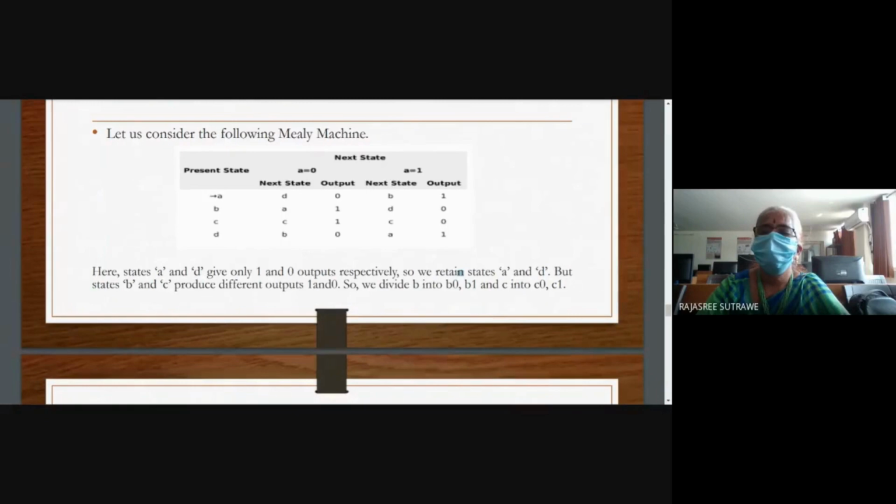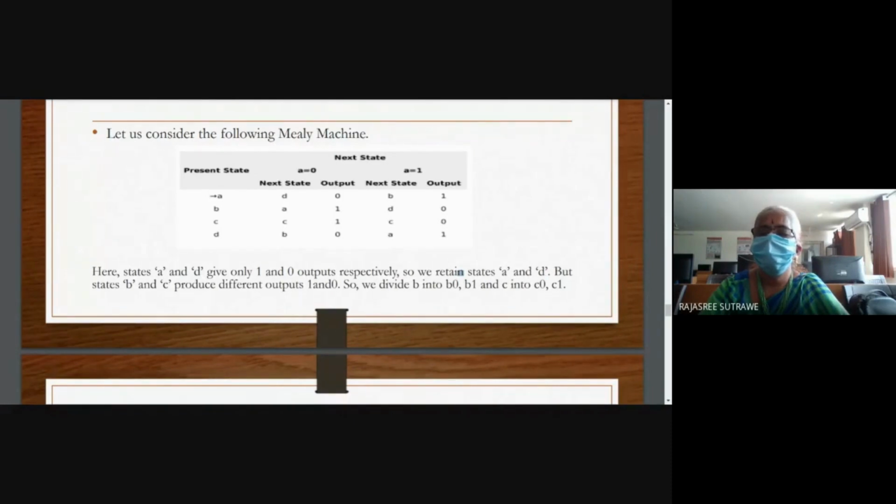Then C, C0 and C1 we have to write actually. I forgot that step. Now here we have to write C0, C1. The number of states are increasing now.